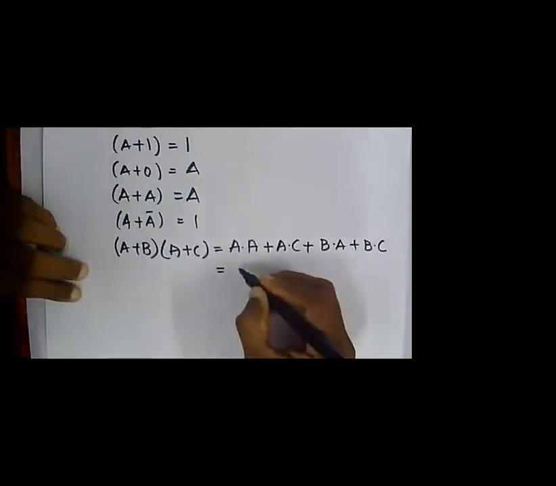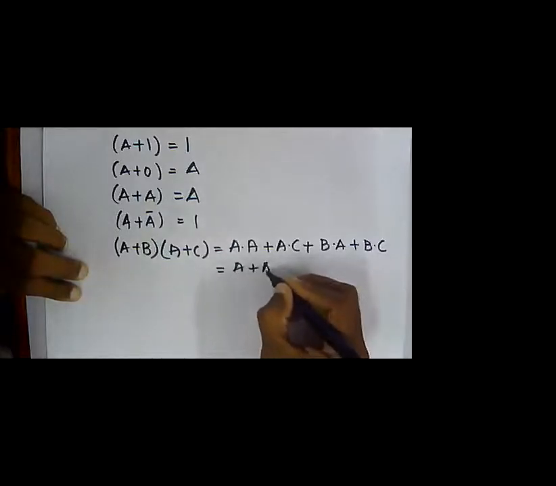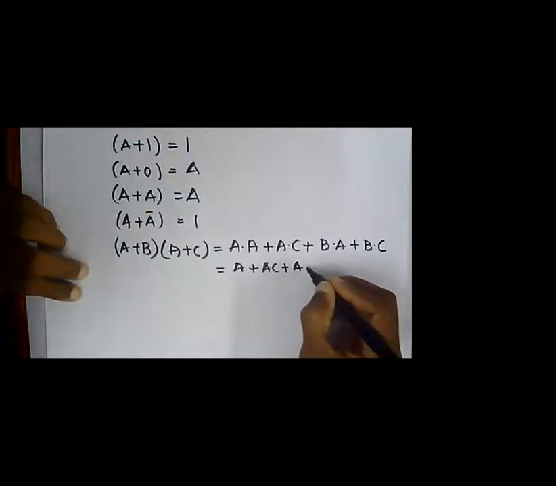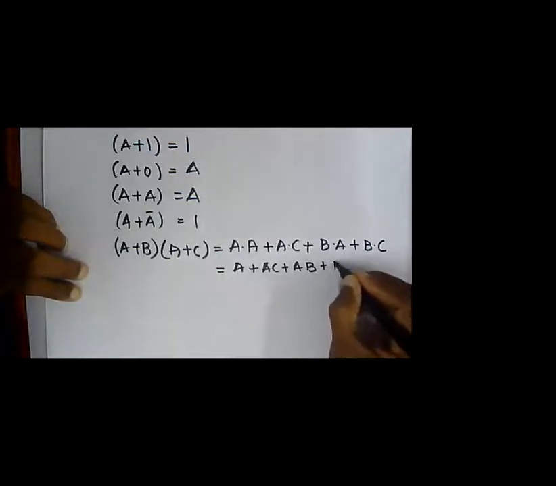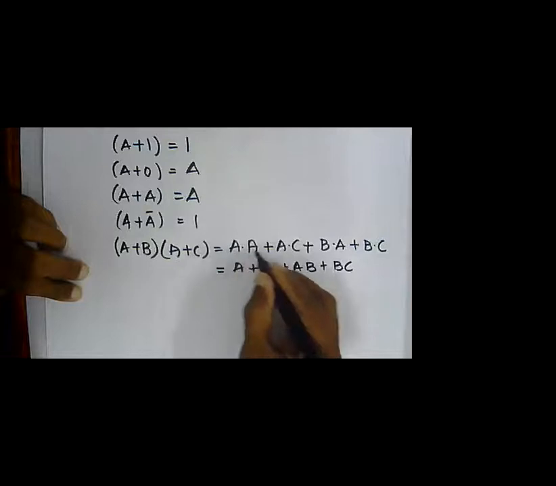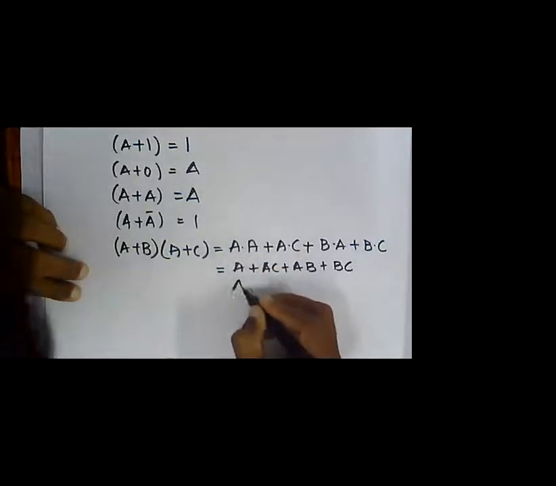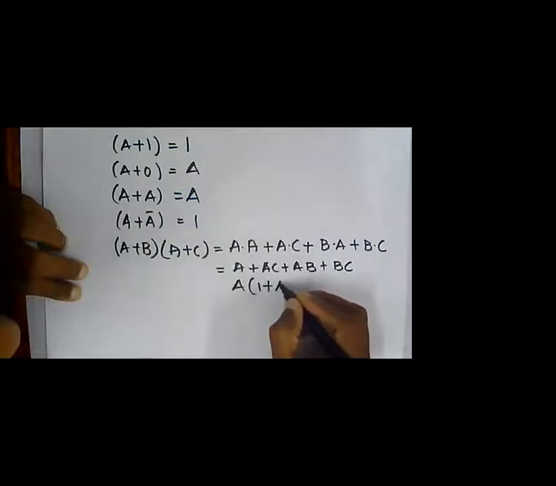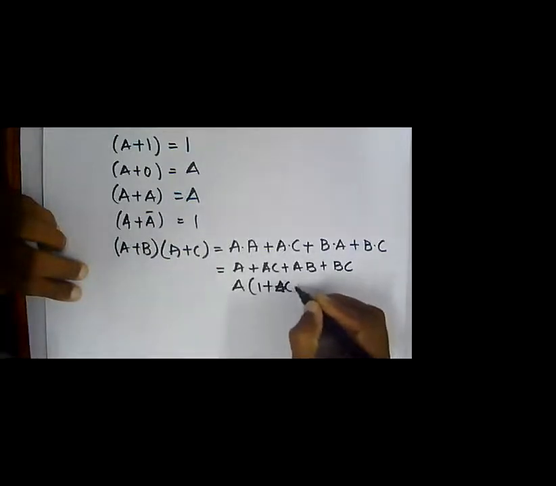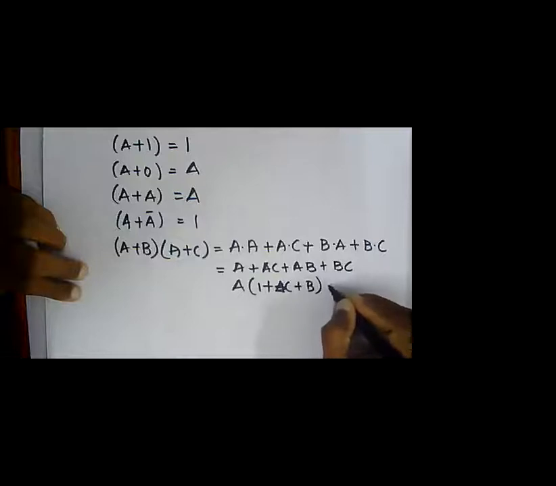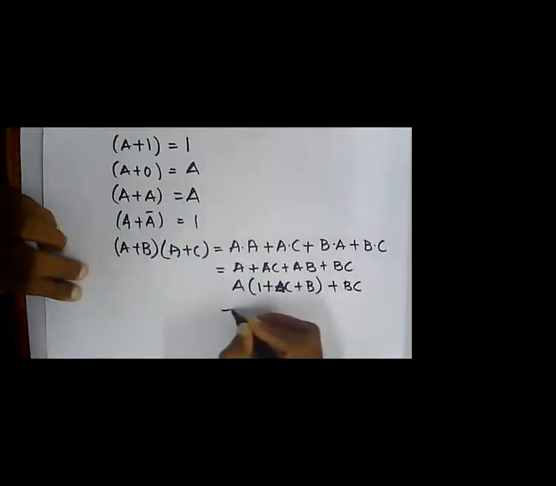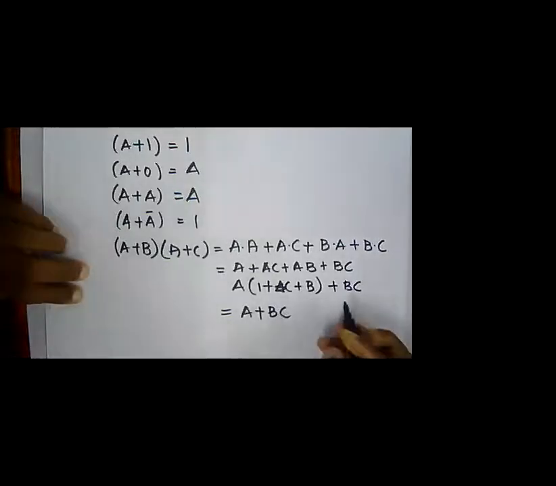So I can write this as A plus AC plus AB plus BC. Oh sorry, A dot A is A. So A into (1 plus C plus B) plus BC. So this can be written as A plus BC.